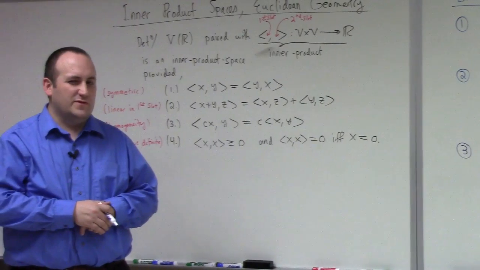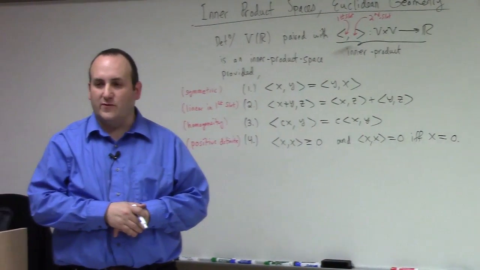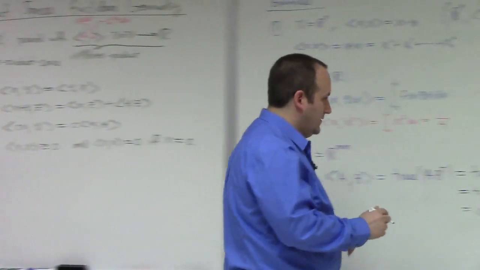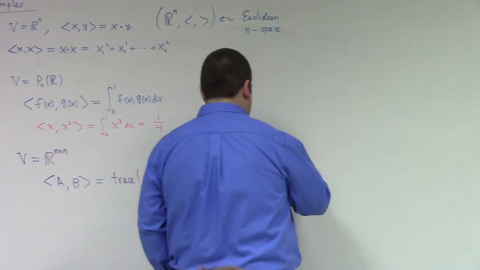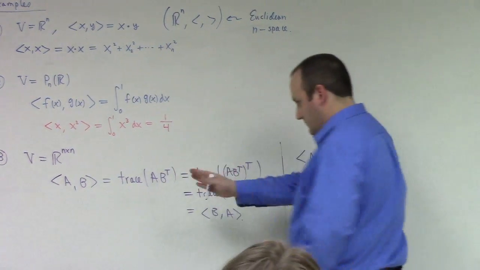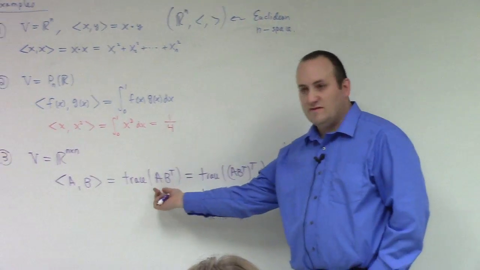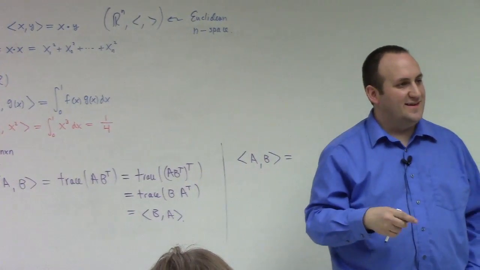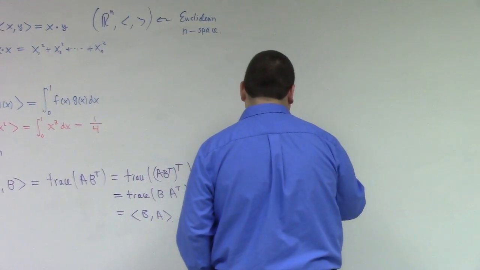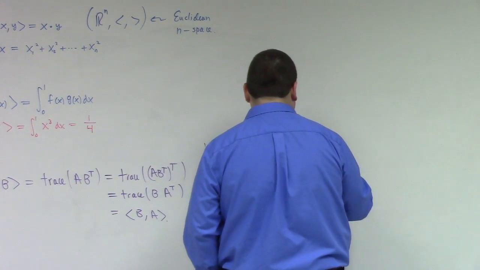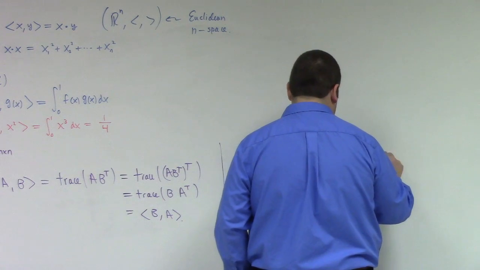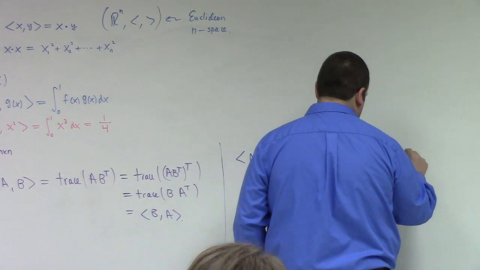Do you know what the formula is here really though? Once I write this formula, you'll be like, oh, well duh. If you work out what this formula actually means in terms of components of the matrices, all it is this: A1,1 B1,1 plus A1,2 B1,2 plus dot dot dot plus ANN BNN.